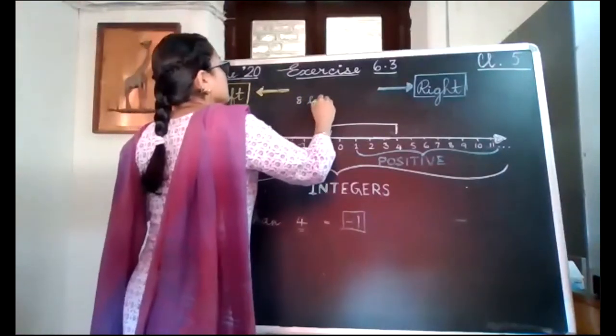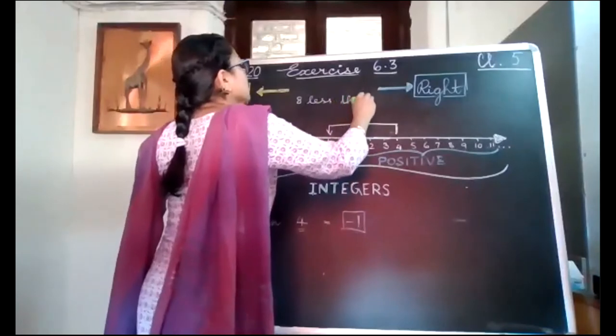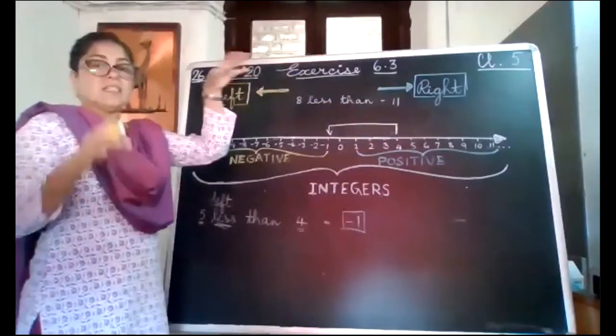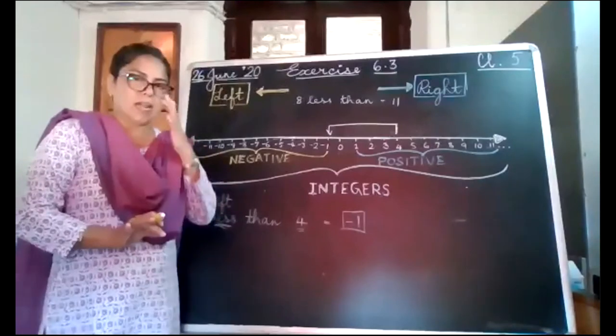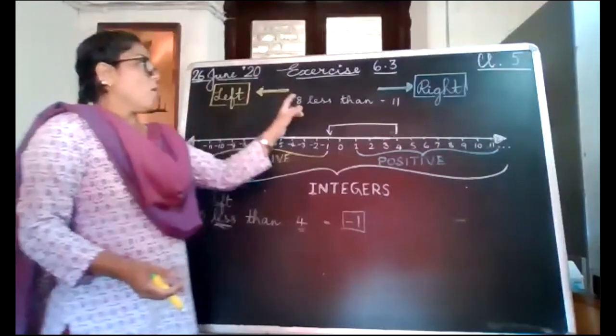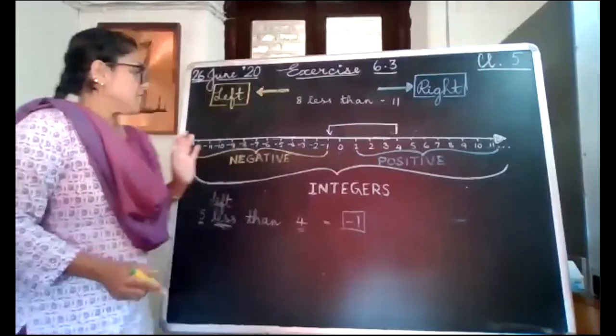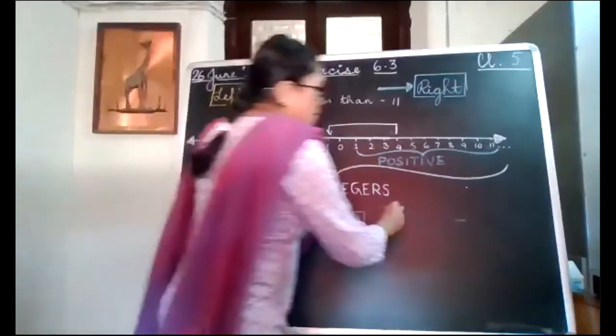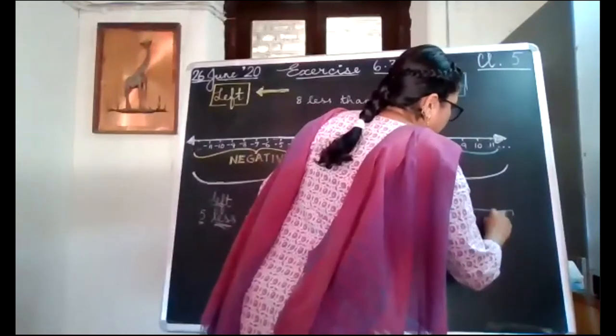8 less than -11. So I have to do 8 less. 8 को कम करना है. किसमें से? From -11. So I start from -11. Now I jumped out that number line, but very quickly I can write for you.